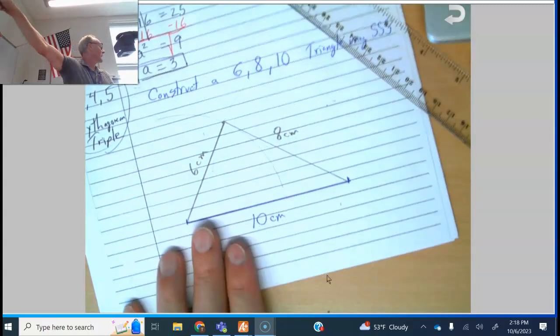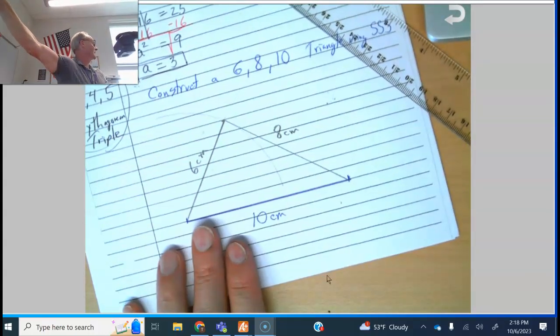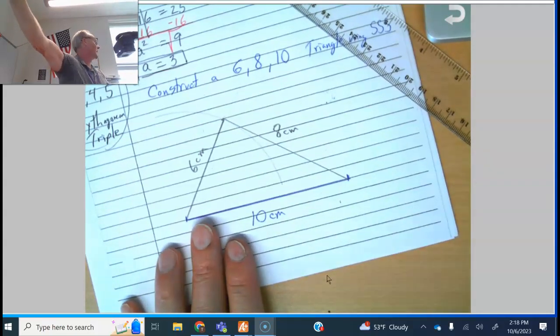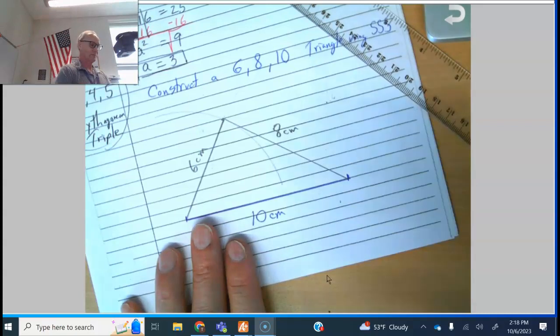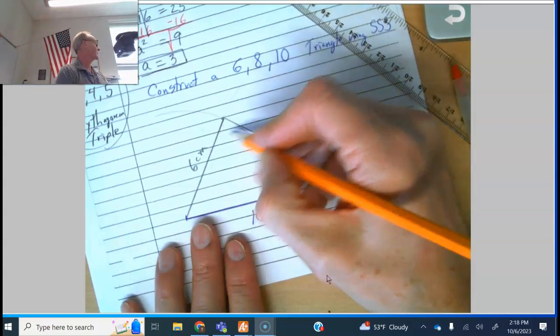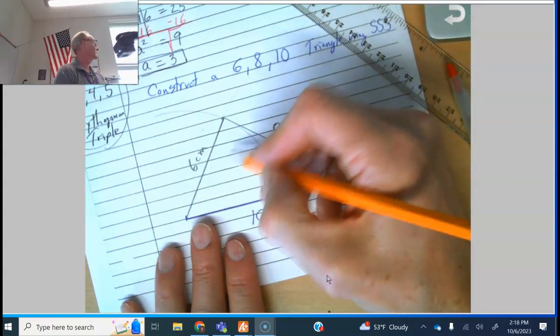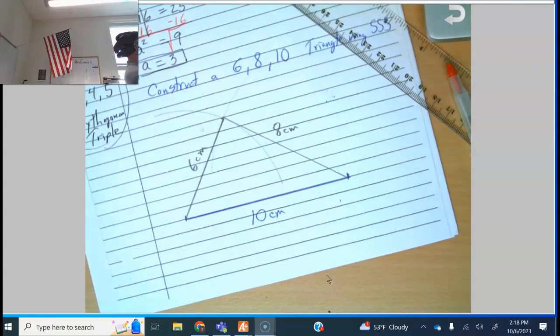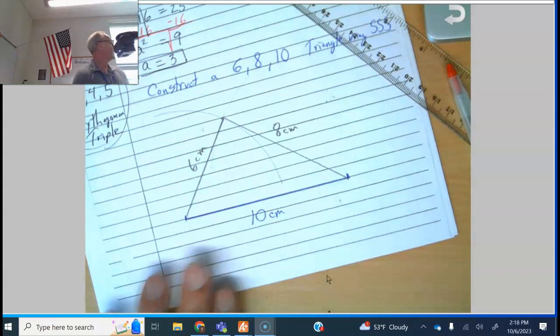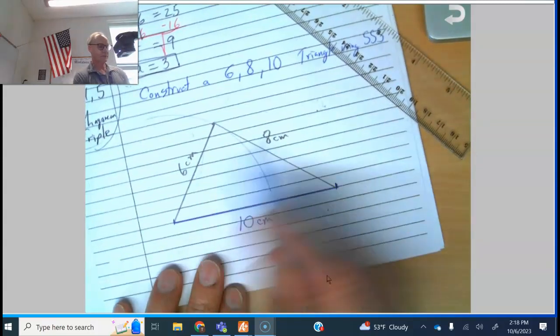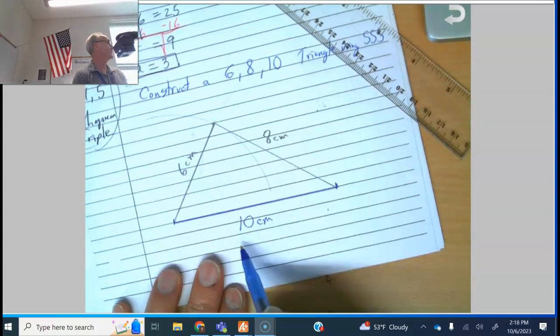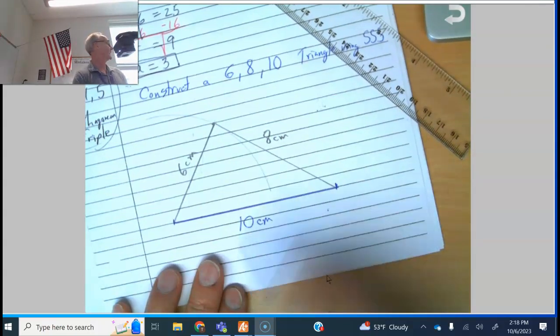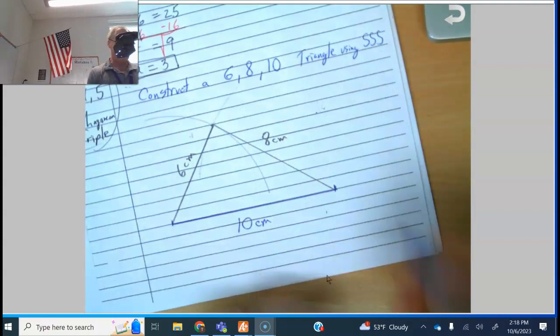Now, when you're looking at my picture up here, it's a little bit distorted, and it doesn't look exactly like a right angle. It looks more acute. But if you look on your paper, you can see that this looks like a right angle, doesn't it? The thing is, we can't be sure until we check the converse of the Pythagorean theorem. We want to know, does a squared plus b squared equal c squared? And if it does, we have a right triangle. So put it in.